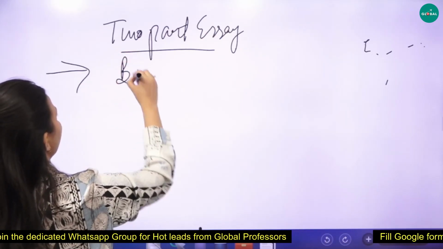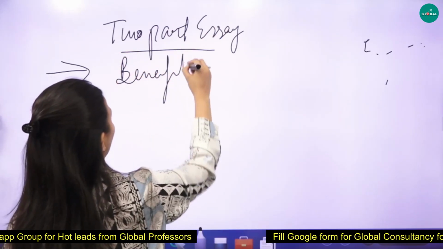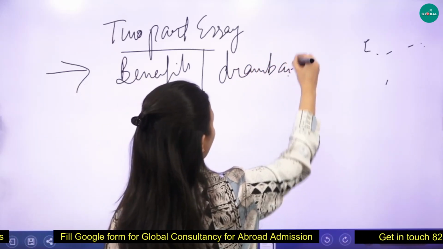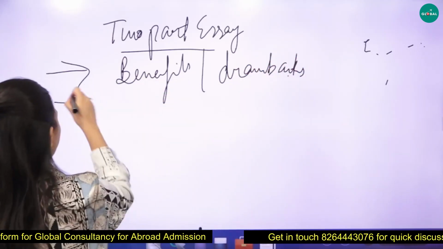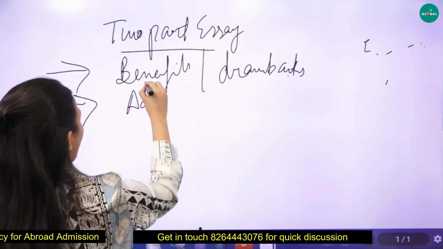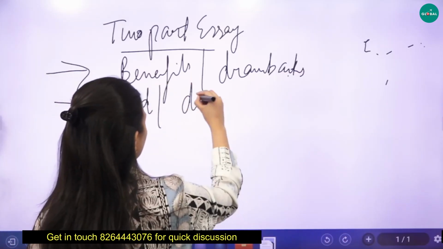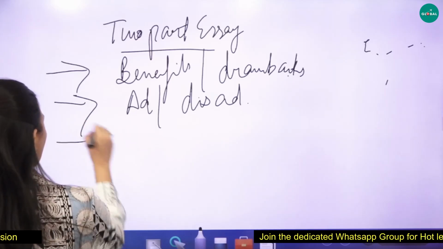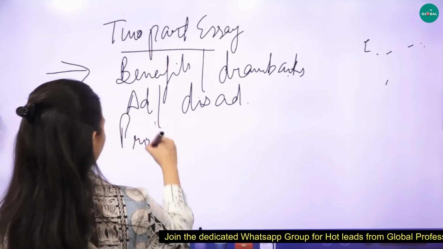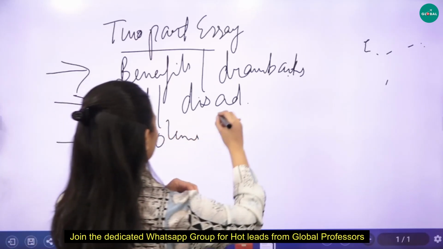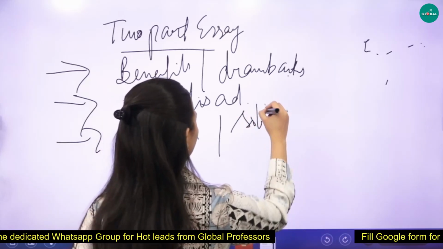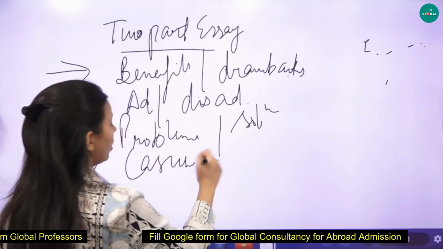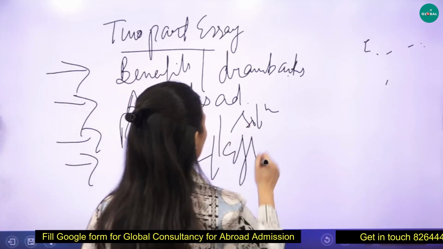This is benefits, drawbacks, which means it includes 2 parts and we need to address both of these, right? Advantages, disadvantages, this is also a 2-part question. Then problems and solutions, causes and effects. These are all basically 2-part questions.